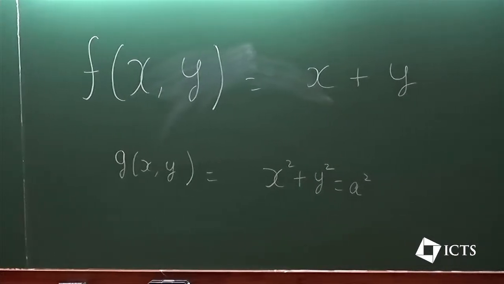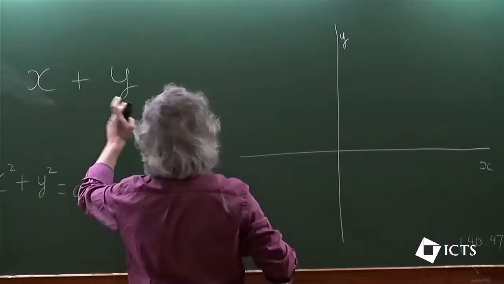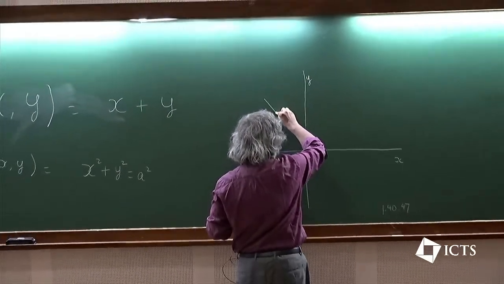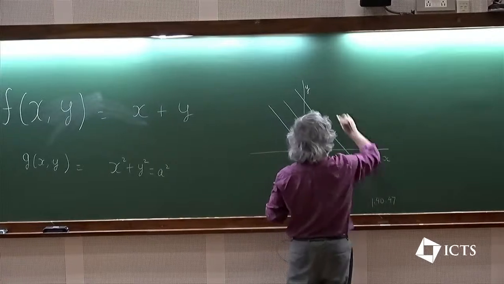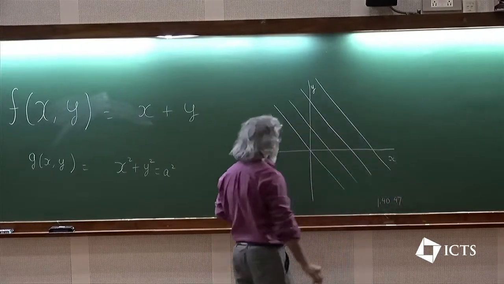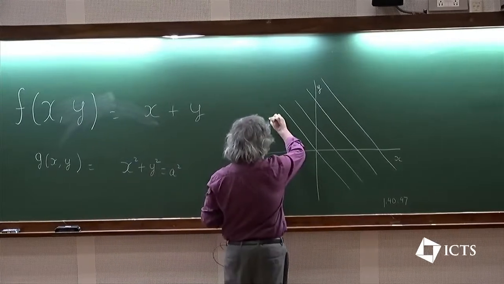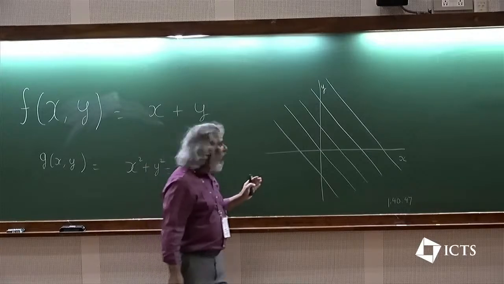So if I put x over here and y over here, the lines of x plus y equal to constant look like this. If x plus y equal to 0, this is the line, and the line keeps on going parallel to itself like that. So these are the contour lines of x plus y, which is the contour lines of f. It also goes over here. And I want to maximize this function, and I should go as far as I can in this direction.